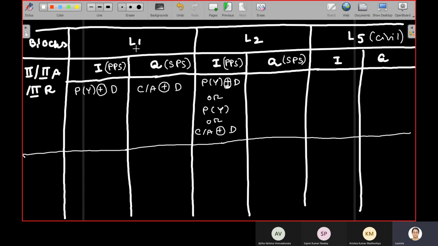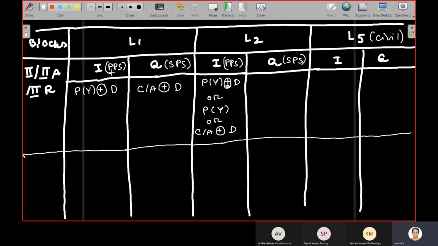So the civilian users only had this quadrature phase in the L1 frequency. In the L2 frequency, L2 carrier, there was no code and data for the civilian users, meaning the civilian users could not use this L2 band.